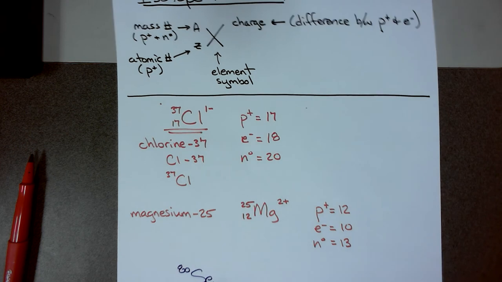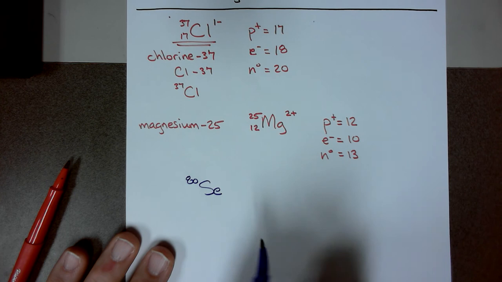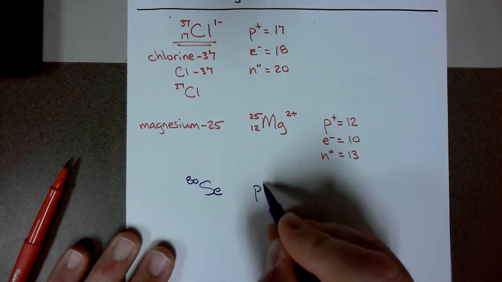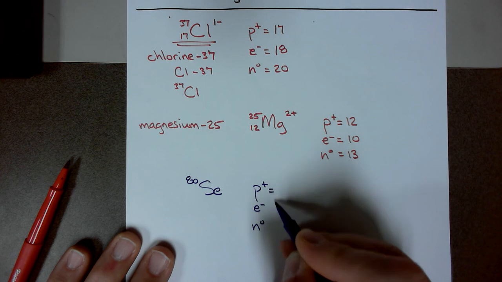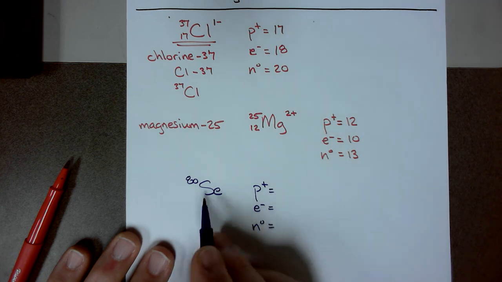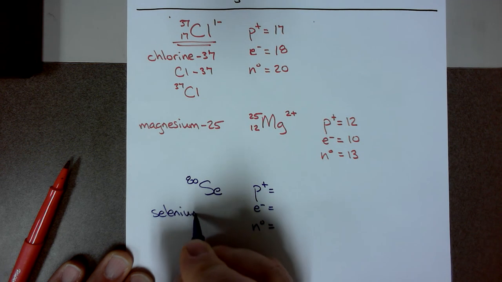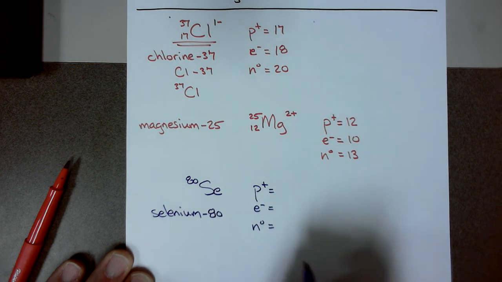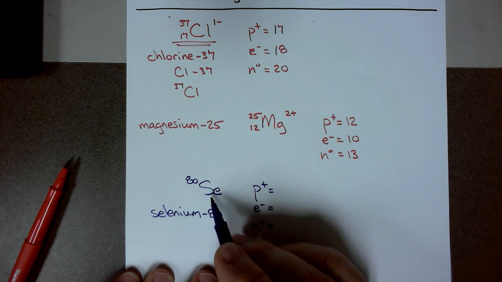Okay, so if I don't have any other information, we can still figure out how many protons, electrons, and neutrons there are in this element, this isotope, which is selenium 80 isotope.